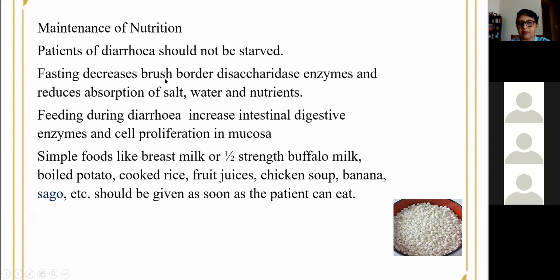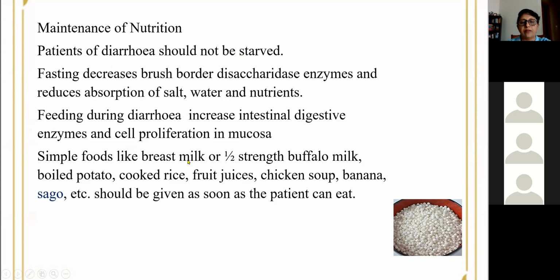Fasting decreases the brush-border disaccharidase enzymes and reduces the absorption of salt, water, and nutrients. So the patient will go into malnutrition again. So we have to give some feed during diarrhea. We should not fast or starve.